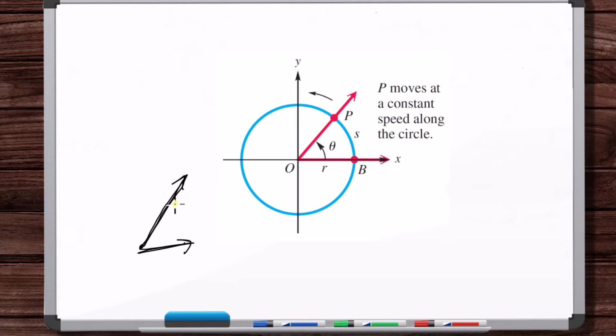The lengths don't matter at all, just that they're straight and they have this common vertex point. And then the opening between the two, the opening in the sense of the amount of rotation to go from one side to the other, rotating about the vertex, that's the angle theta. So if theta was changing, then its rate of change with respect to time, that's the definition of angular velocity. Okay, so there's no circle here, right?